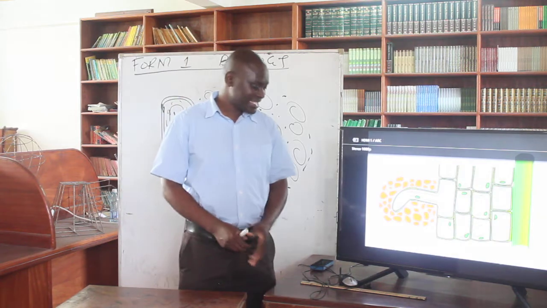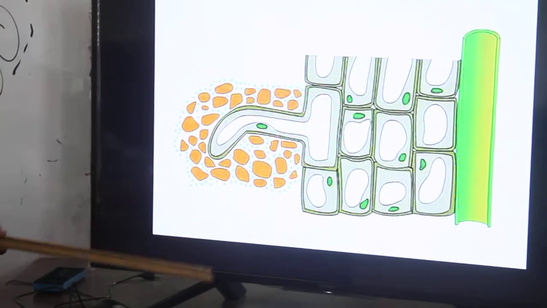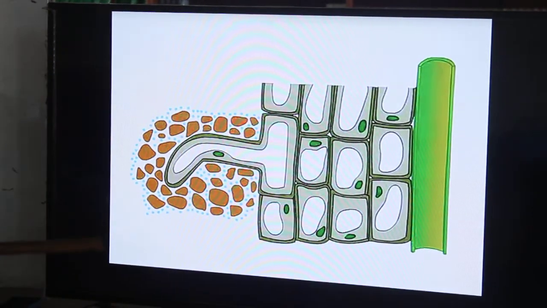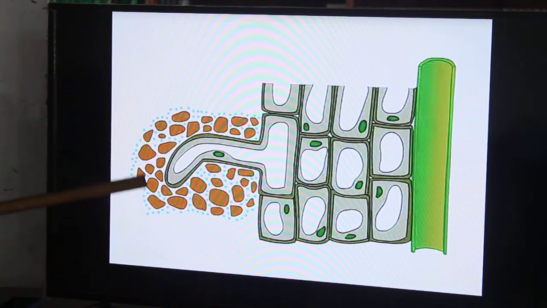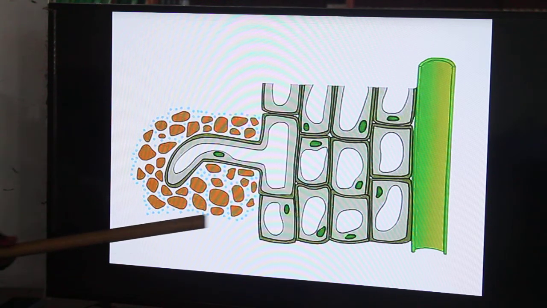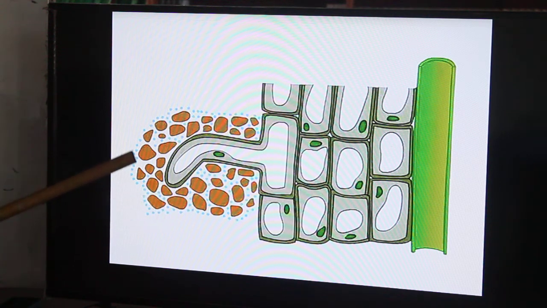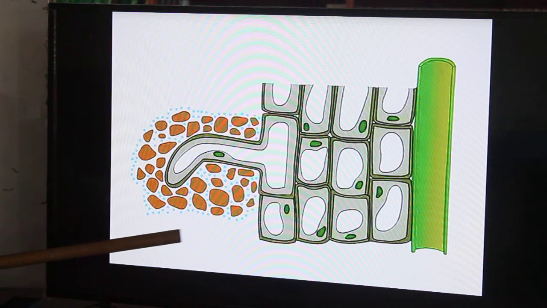So this one here is just a picture of part of the roots. We have the soil, these are soil particles. In between the soil particles, we have the solution, and this soil solution contains dissolved minerals.